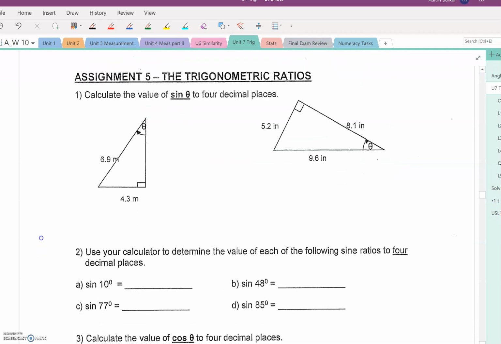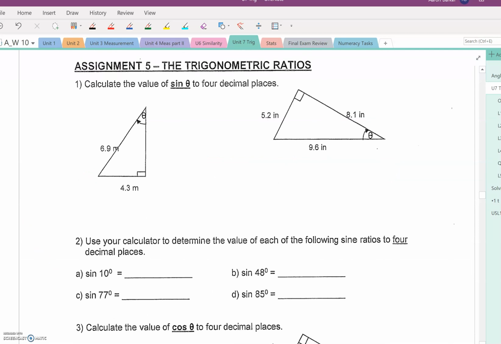Here we're doing assignment 5, so let me just show you this one. Label your HOA. So here's 90 degrees, hypotenuse, the straight line, opposite, adjacent. You don't know anything about adjacent because you don't need it. So sine theta equals the fraction, and then you go to your decimals.